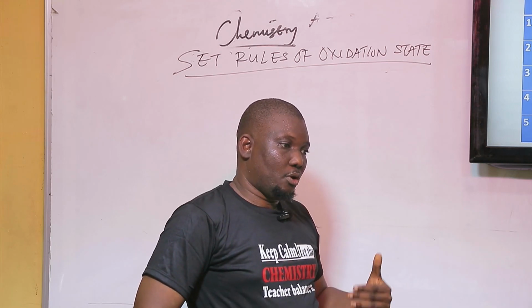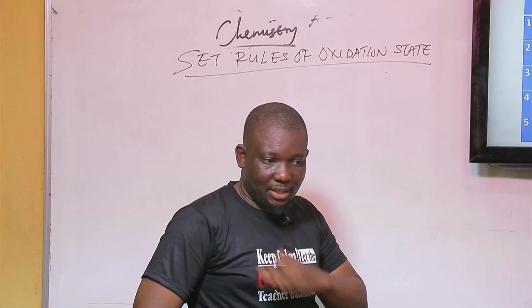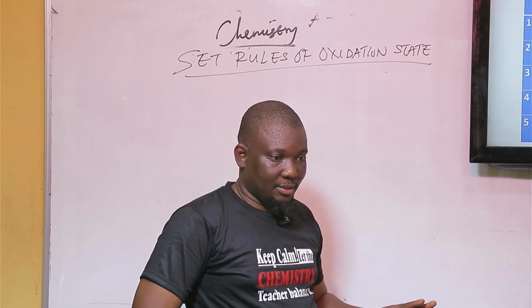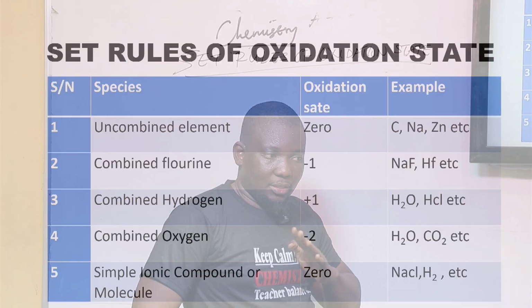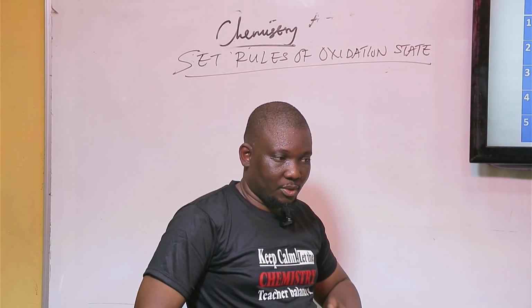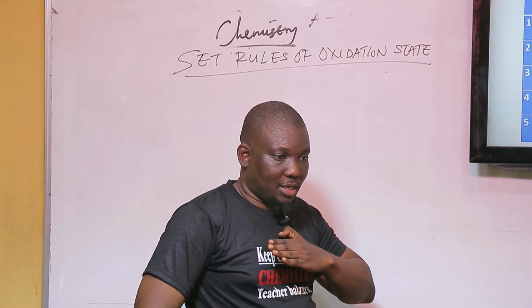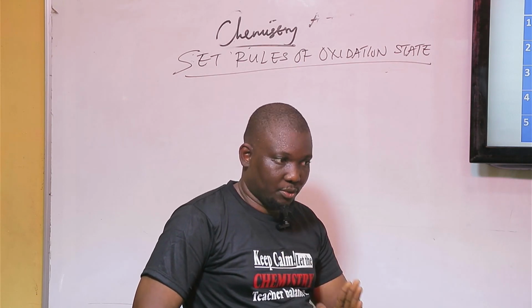For an uncombined element, once an element is in its elemental state, free state, uncombined state, the oxidation number is what? 0. So in this type of reaction, a redox reaction, you can take the oxidation number of an element to be 0.